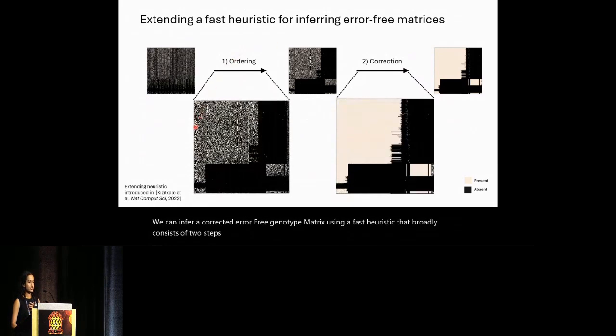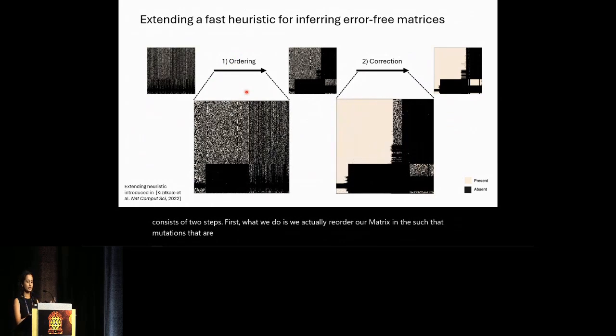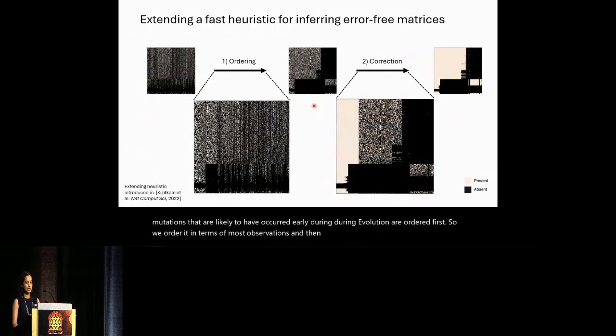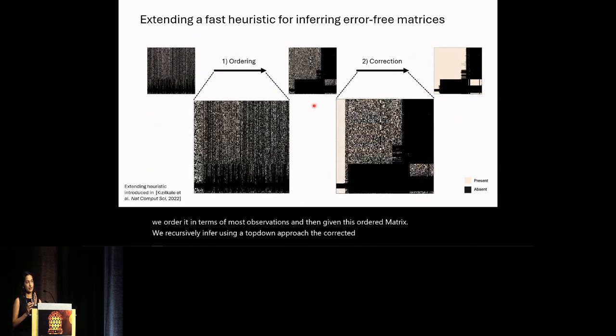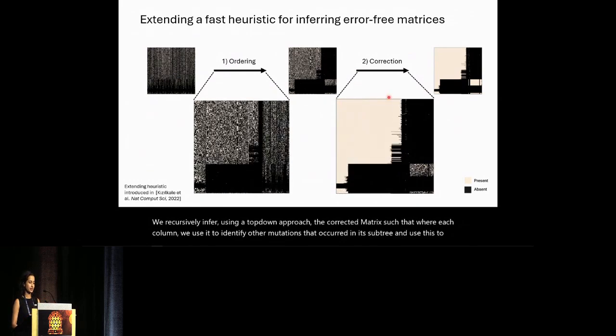First, we reorder our matrix such that mutations that are likely to have occurred early during evolution are ordered first. So we order it in terms of most observations. Then, given this ordered matrix, we recursively infer, using a top-down approach, the corrected matrix, where for each column, we use it to identify other mutations that occurred in its subtree and use this to correct errors.